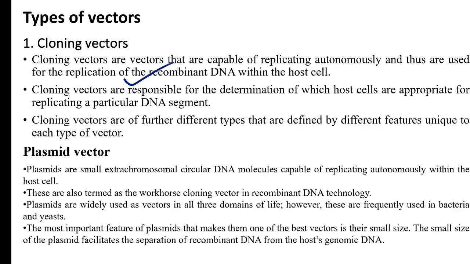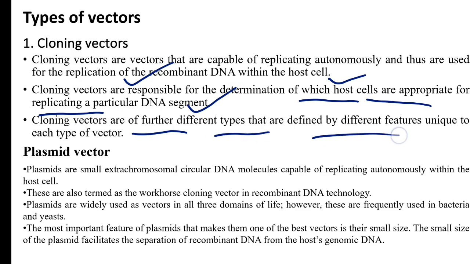Cloning vectors are responsible for determining which host cells are appropriate for replication of that particular DNA segment. Cloning vectors are further of different types that are defined by different features unique to each type of vector. So cloning vectors are used according to our goal, our purpose, and according to the host cell.